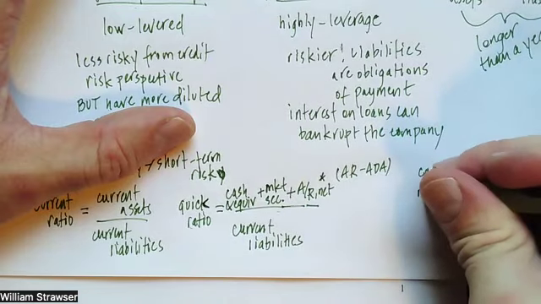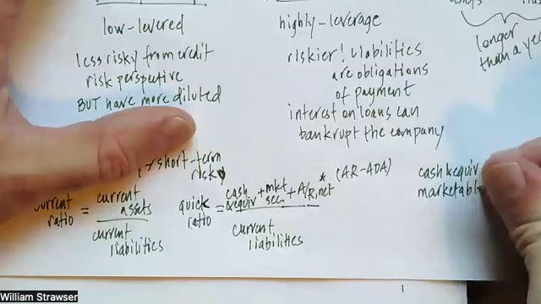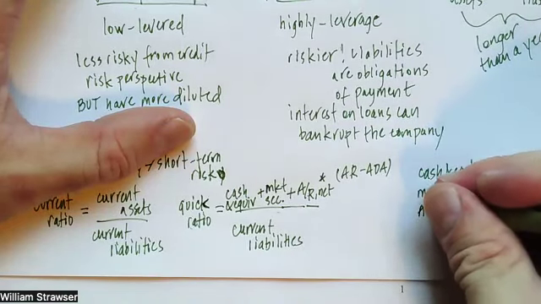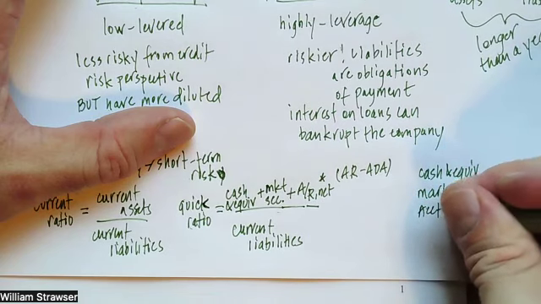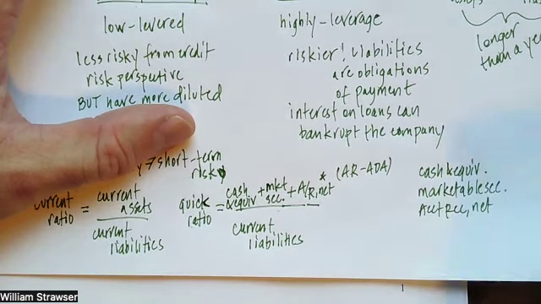You move into marketable securities, our short-term investments. Then we are listing our accounts receivable at their net realizable value, net of the doubtful accounts.